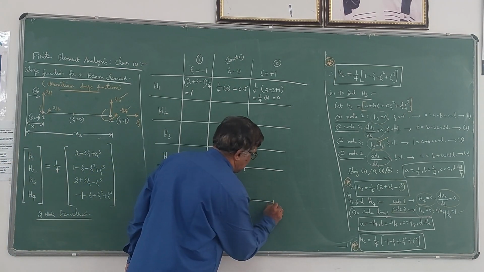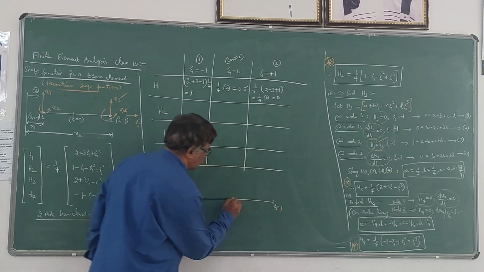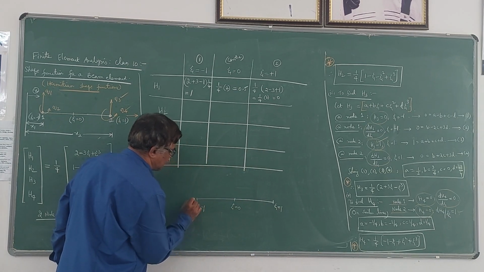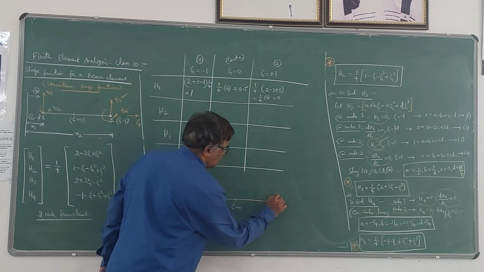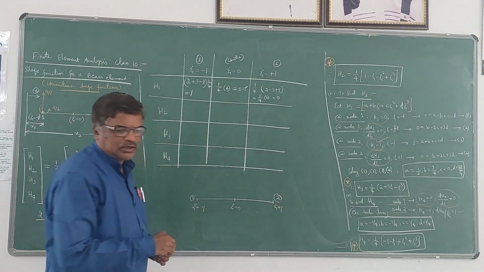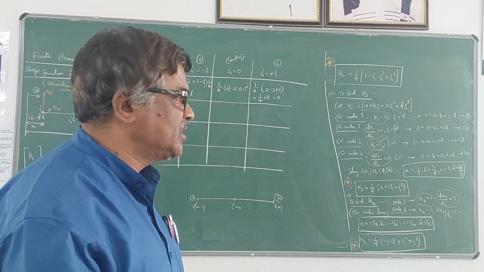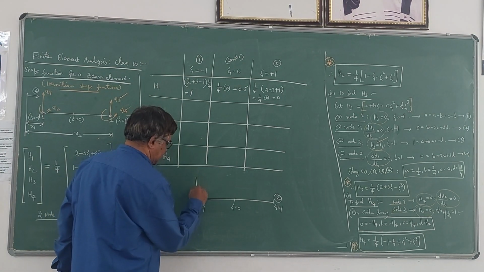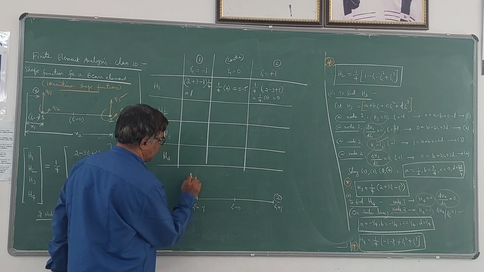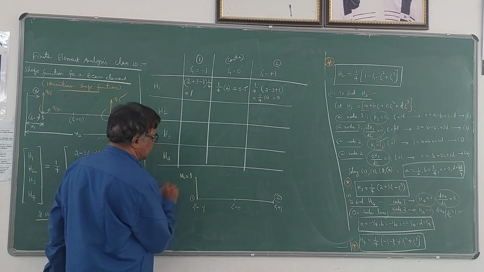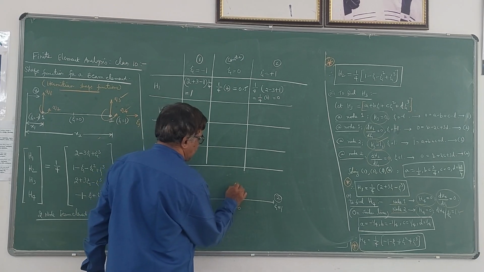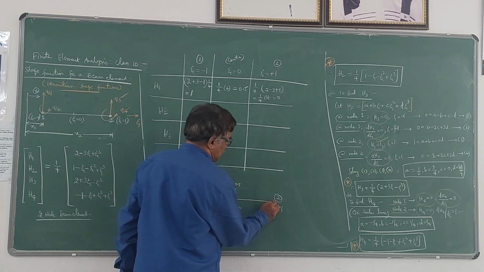So this is zeta equal to 1, zeta equal to 0, zeta equal to minus 1, node number 1, node number 2. If you want to plot the Hermitian shape function h1, here the value of h1 is 1, whereas at zeta equal to 0 it is 0.5, and here it is 0.